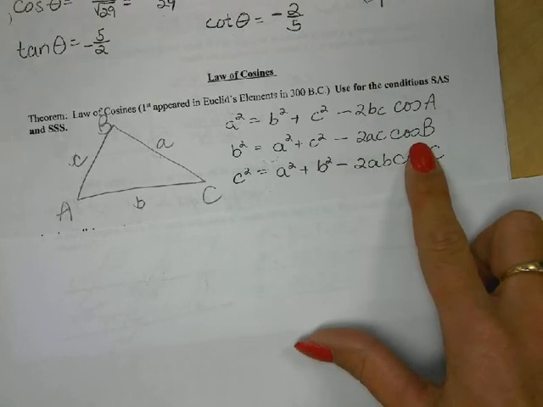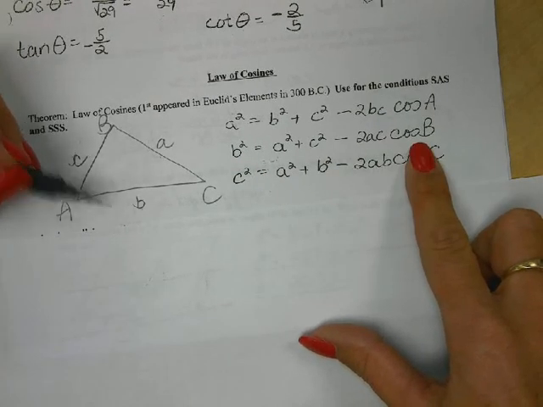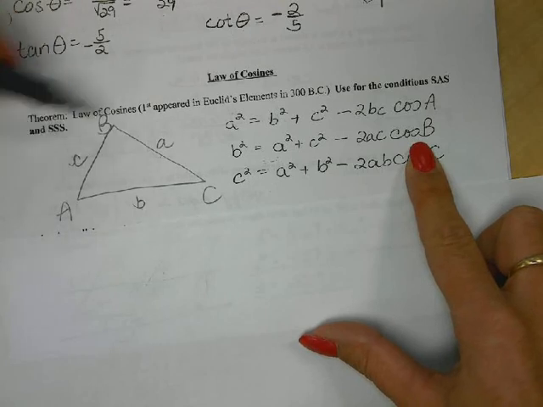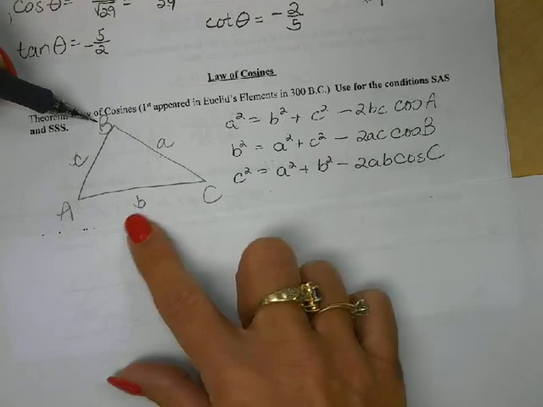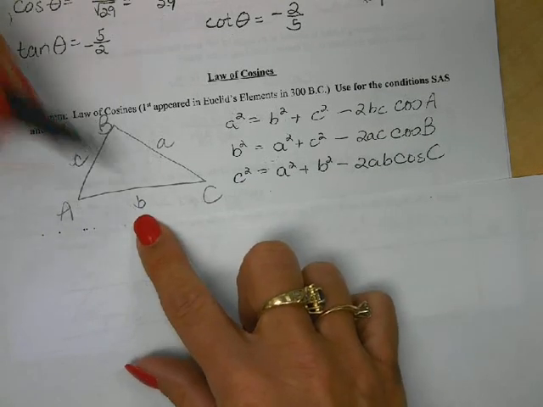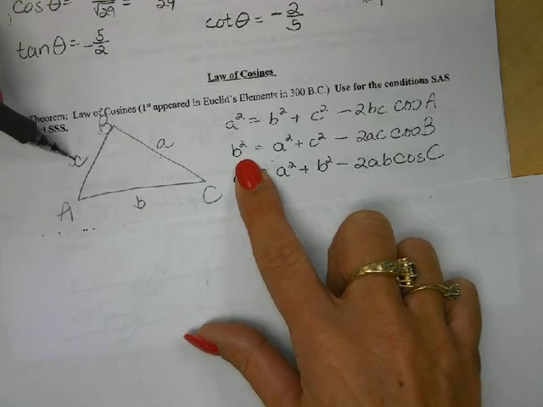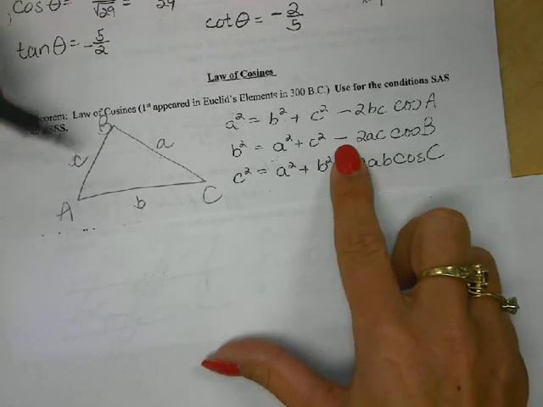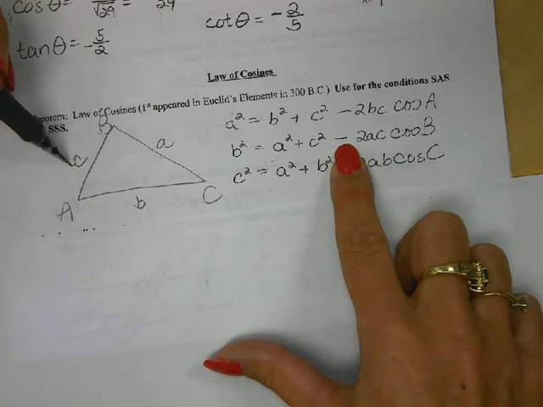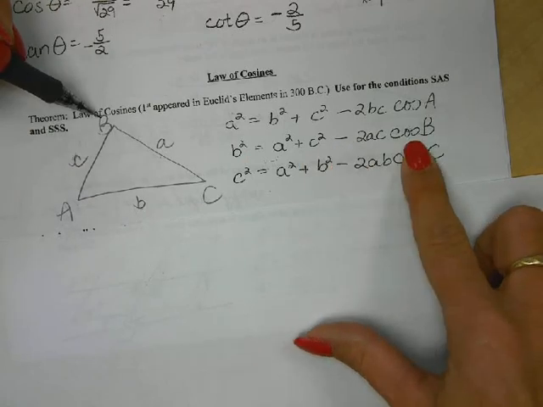Now notice how I can also write the law of cosines another way. If I were given, in this case, this side a and this side c, and I knew the included angle B, I could find this opposite side by saying b squared will equal a squared plus c squared minus 2 times the product of these two sides times the cosine of the included angle.